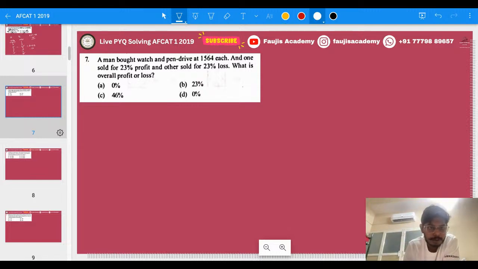One of them is sold at 23% profit and the other is sold at 23% loss. So what is the overall profit or loss? Quickly answer this question, guys.